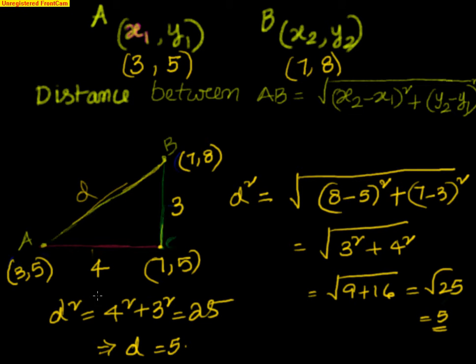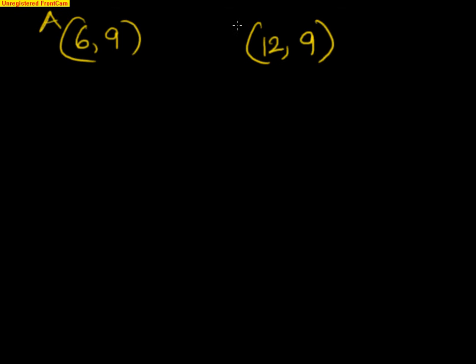Now I will give you a couple of sums. You can pause the video and try to get the answers. Afterwards we will do some more sums. Now I am going to erase this. Okay, now find the distance between the points 6, 9 and 12, 9, and find out what your observations are about these lines.